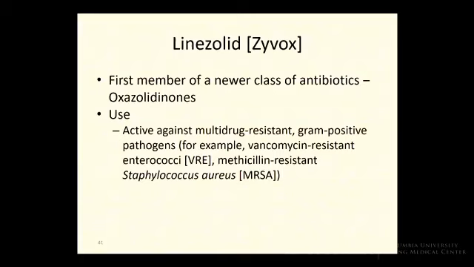Okay, so linezolid, which is that drug that's used to treat vancomycin-resistant enterococci, is the first member of a newer class of antibiotics that are called oxazolidinones. And so that's the chemical class. Oxazolidinones is the chemical class. Okay? And these are drugs that are fairly new, and they have become a next resort, right, for infections that are resistant to our last resort group.